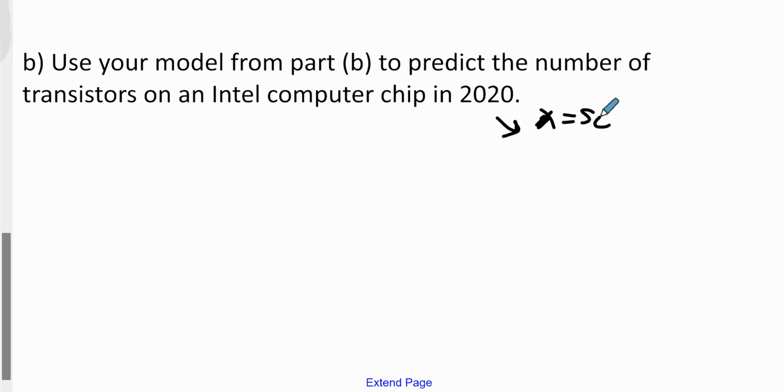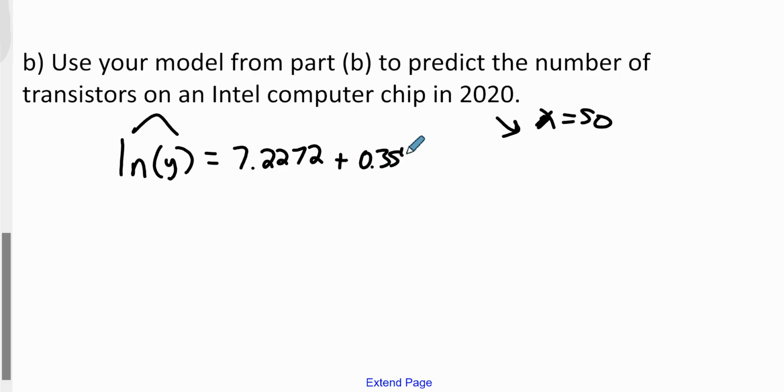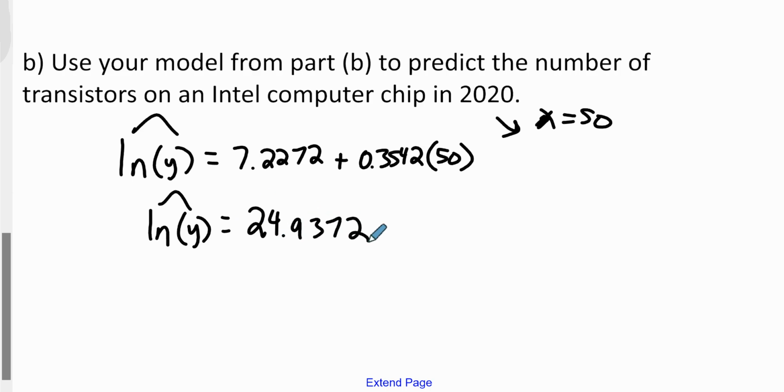So if we use our natural log of y hat equals all of what we just wrote down, and plug in 50, we should be able to solve this. It ends up being the natural log of y hat equals about 24.9372.